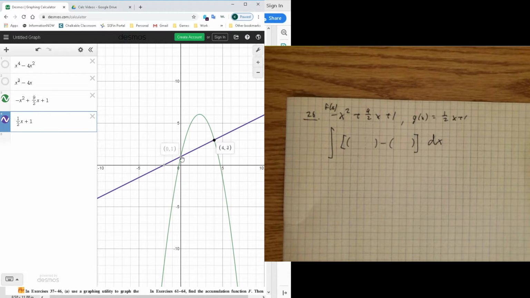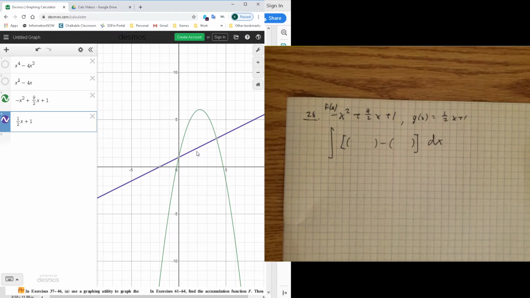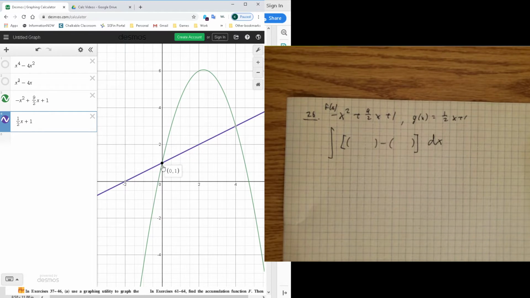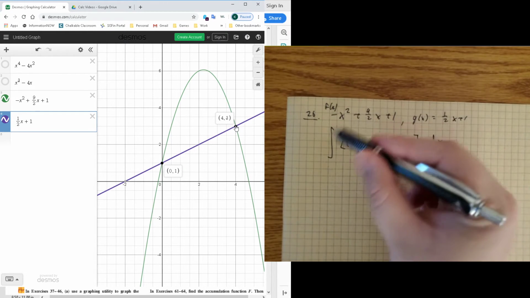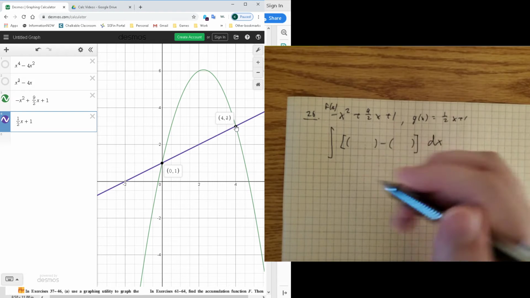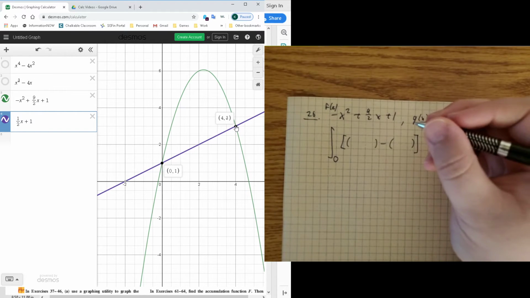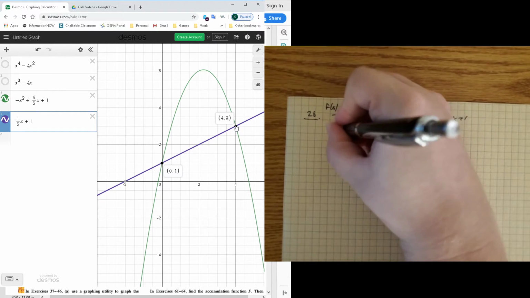Okay, so in this case, you can clearly see that there's a bounded region, but you'll notice this bounded region is not just bounded left to right, it's actually bounded fully by these 2 equations. The left-hand side stops at 0, 1, the right-hand side stops at 4, 3, which means in order to fill out my equation over here, remember I have to use the left and right x values. So in this case, my x would be 0, and my x would be 4.